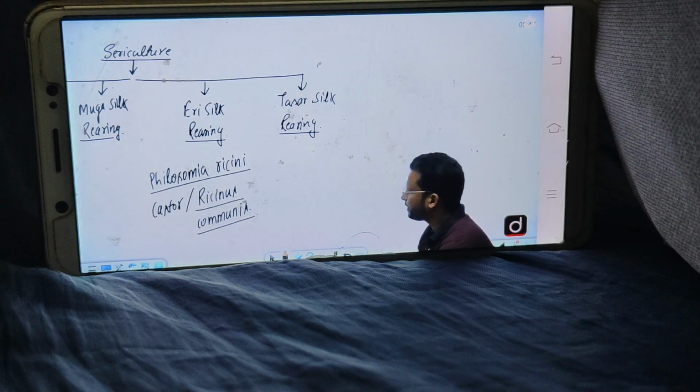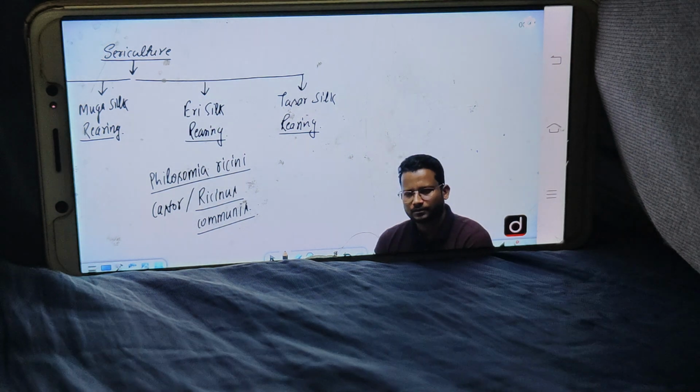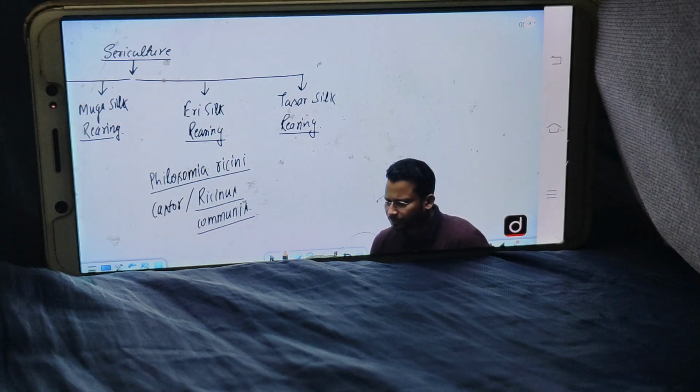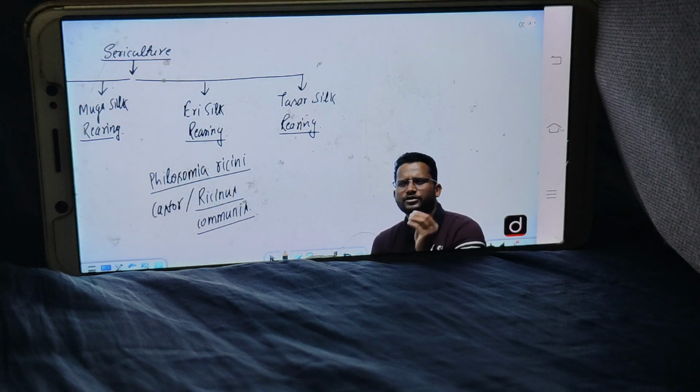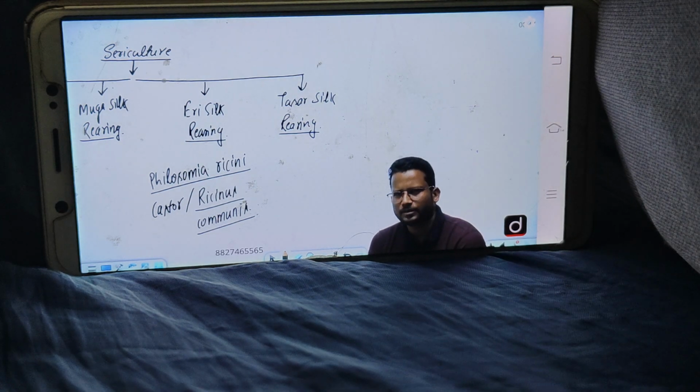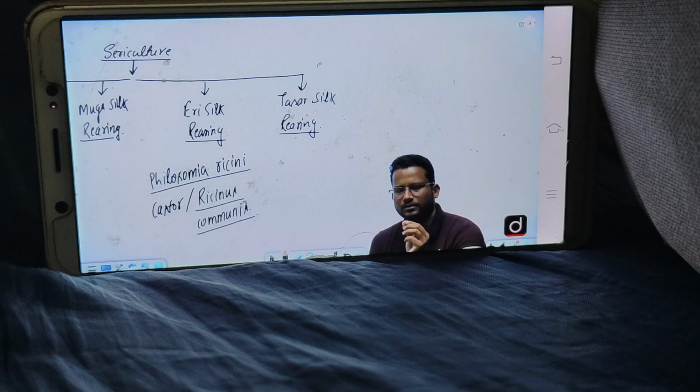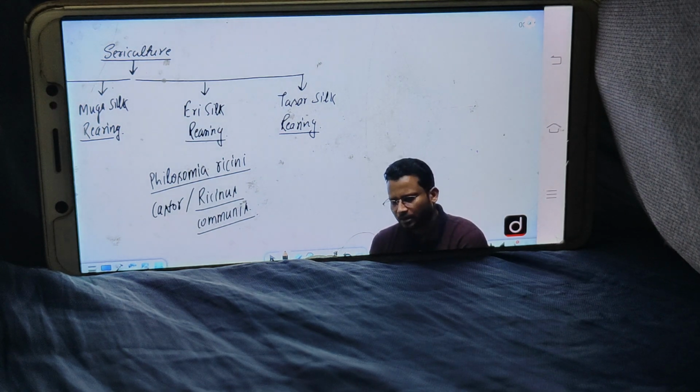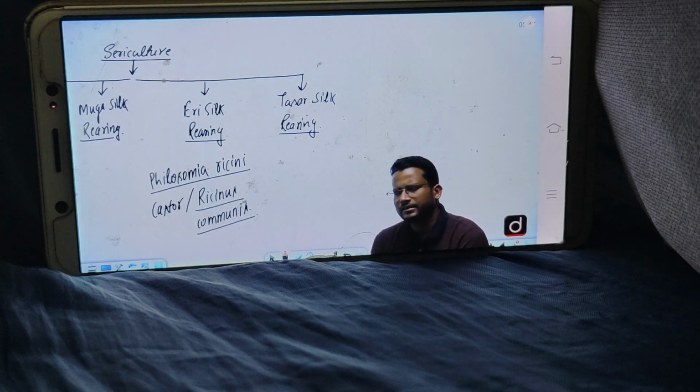So this is Eri silk rearing. Now after Eri silk rearing, the last one is tussar. Tussar silk is copperish in color, and it is coarse silk. मतलब मोटी होती है silk. It's not fine silk, and it is less lustrous than mulberry silk, so the shine is less.